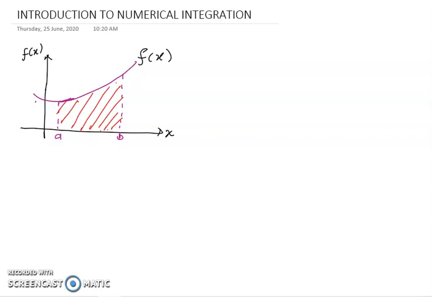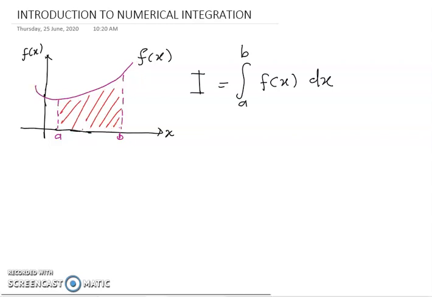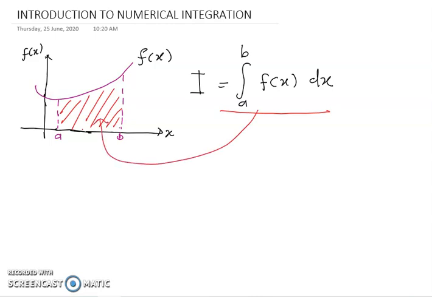Mathematically, integration can be written as the integral of f(x) with respect to the variable x from a to b, where a is the lower limit and b is the upper limit. So this expression here represents the area of this shaded region.